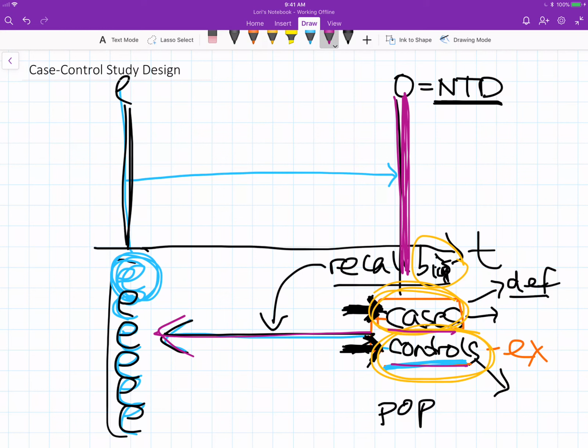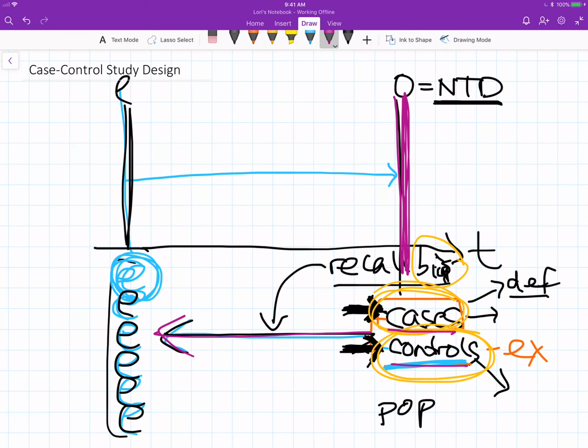And so I do not have any loss to follow-up just based on the way that the study works. I'm not losing track of people over time. And so that can be a real strength for a case control study.